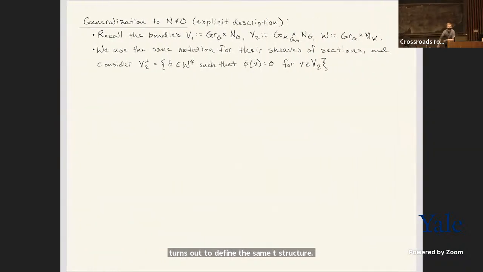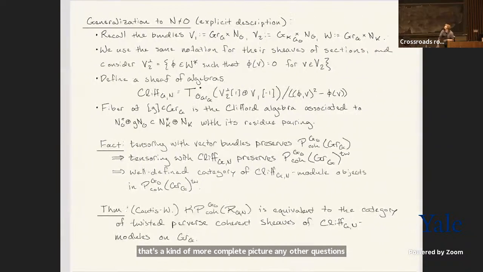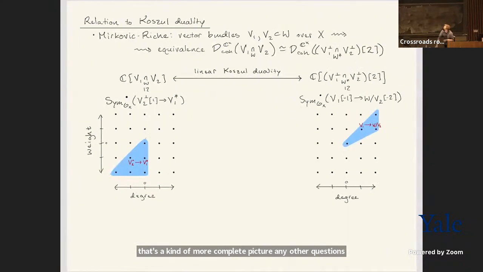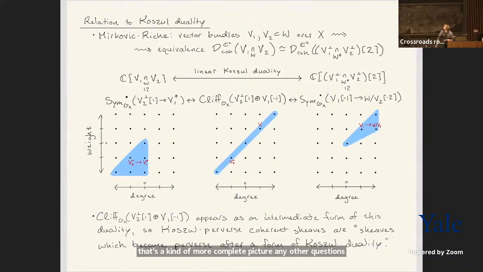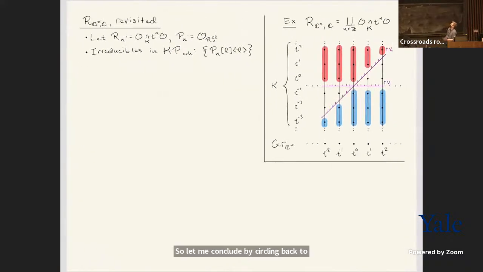Any other questions? Okay, so let me conclude by circling back to the example that we discussed, R C star C. And let me try to do some computations in light of what we've discussed.